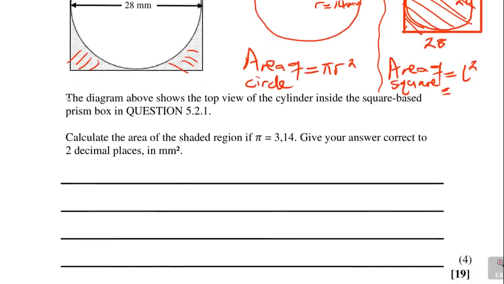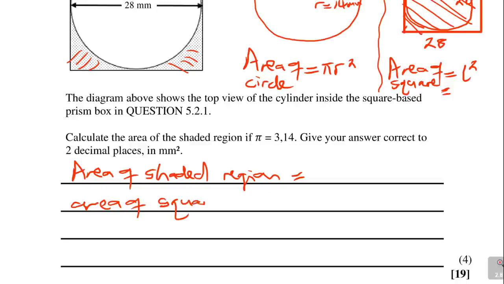If they say calculate the area of the shaded region, you're going to say: area of shaded region is equal to area of square. The bigger one is the square, and then you say minus area of what?